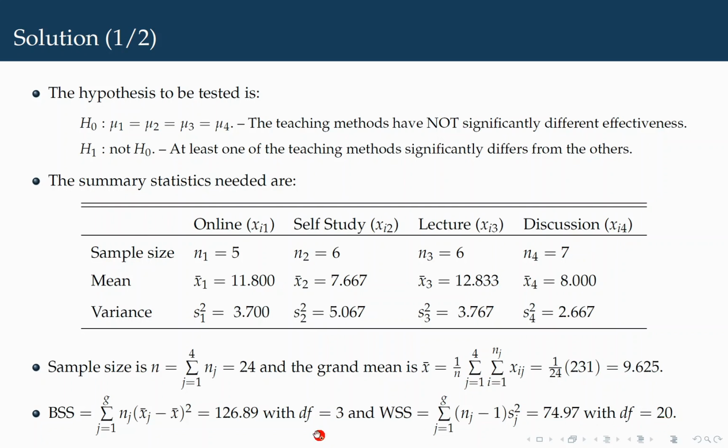Sorry, here the number of groups is 4: 1, 2, 3, 4. So n minus g is nothing but n, 24, minus 4, which is 20. Therefore, this should be 20. It's correct. We need to consider it as it is, just n minus g.